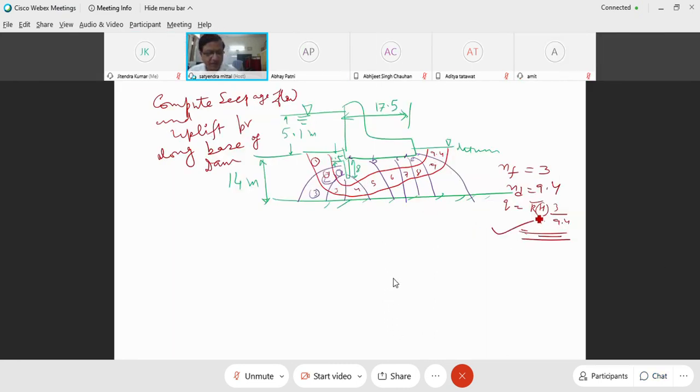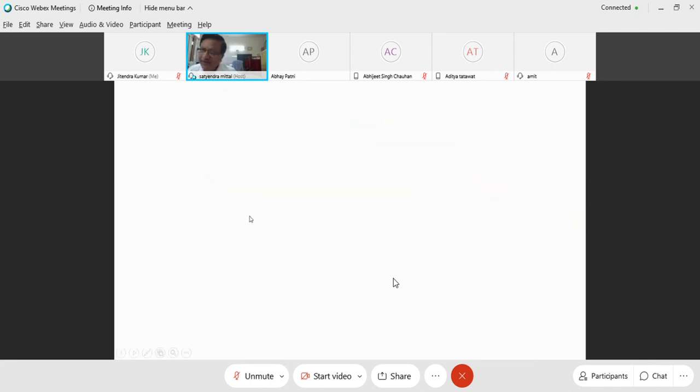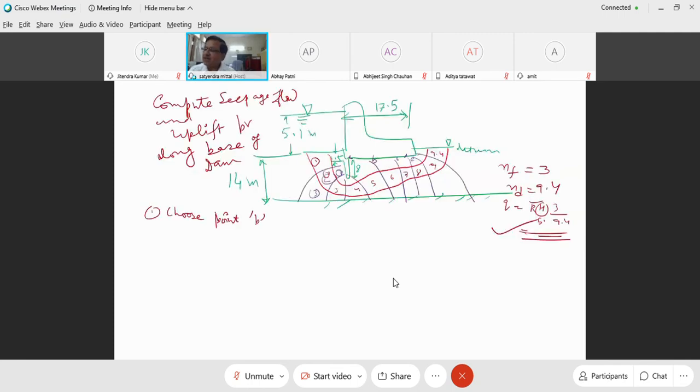Now pressure. For this, as I said, you have to draw the uplift pressure diagram. You have to choose every point, A, B, C, D, E. I am just giving you the example of how the pressure at point B is calculated.